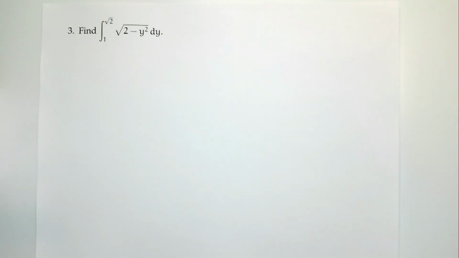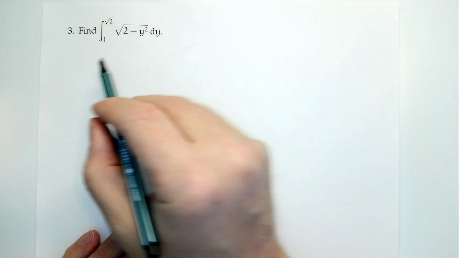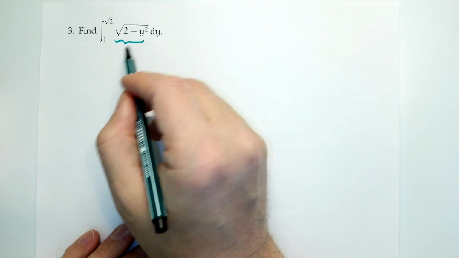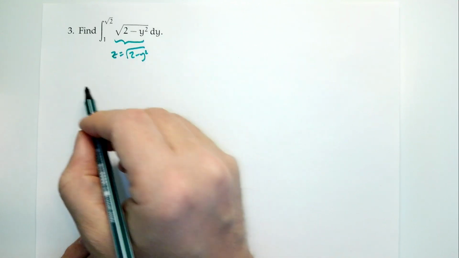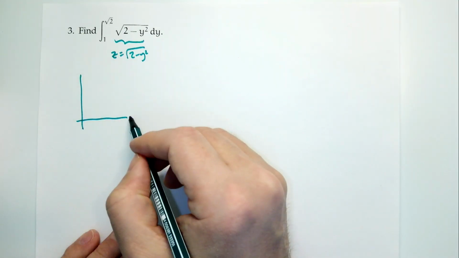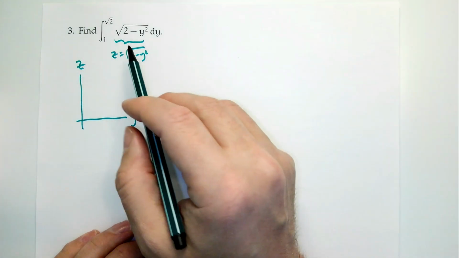And a lot of the motivation for calculus comes from geometry. So let's think about what the geometry is saying. So I'm going to think of this as a function here. Let's suppose we say z equals the square root of 2 minus y squared. So if I hear y and z, what does this look like?